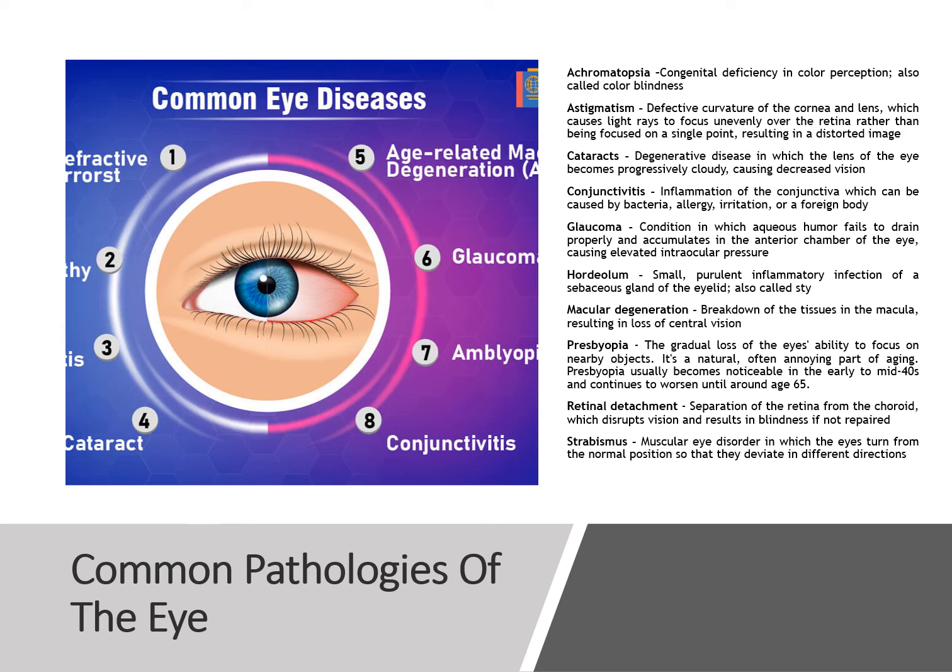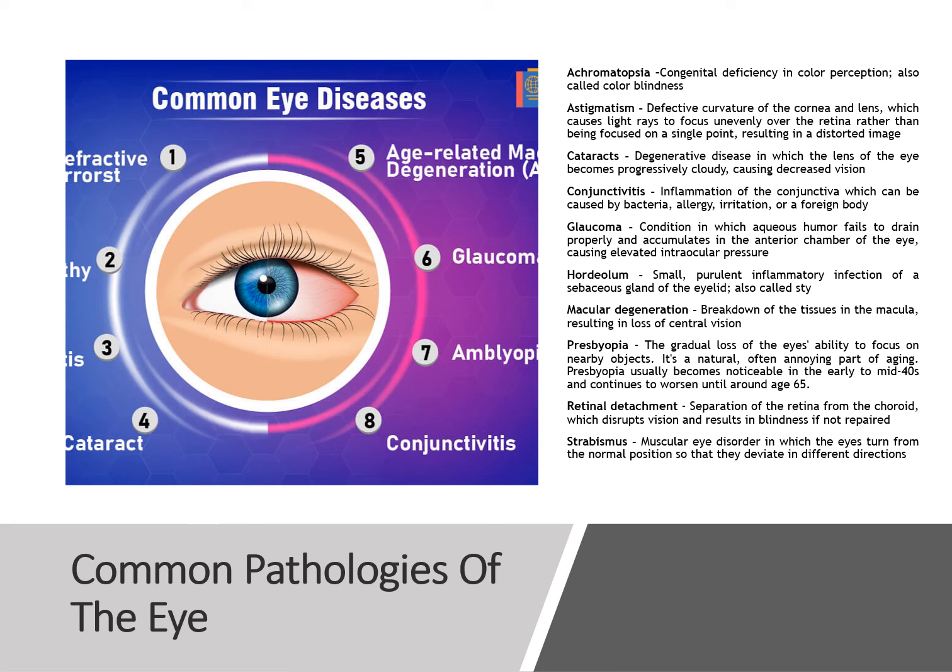Cataracts. This is a degenerative disease in which the lens of the eye becomes progressively cloudy, causing decreased vision. Conjunctivitis. This is inflammation of the conjunctiva, which can be caused by bacteria, allergy, irritation, or a foreign body.